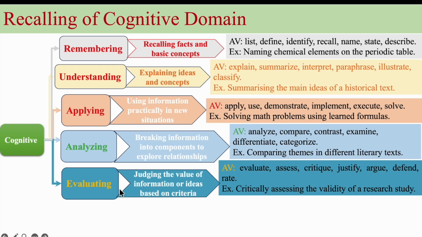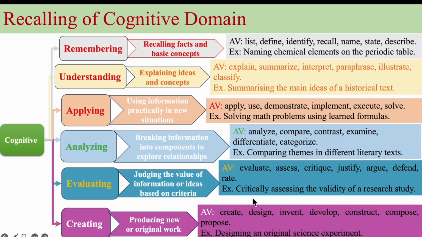Fifth one is evaluating, or judging the value of information or ideas based on criteria. For example, critically assessing the validity of a research study. Sixth one is creating, or producing new or original work. For example, designing an original science experiment.